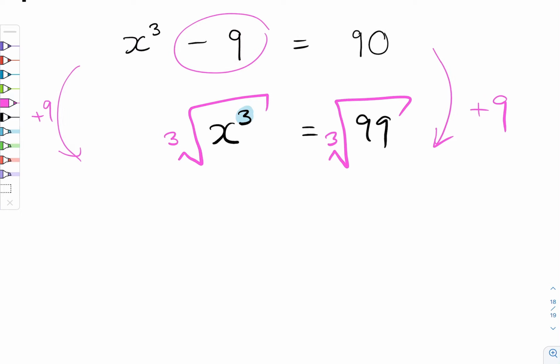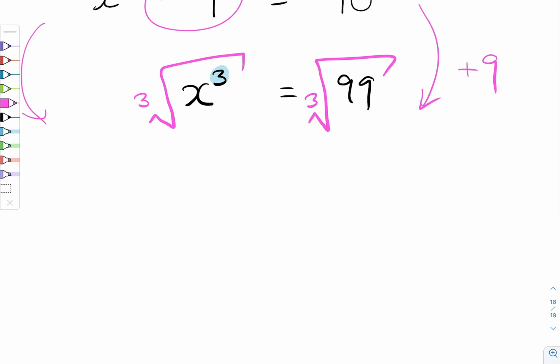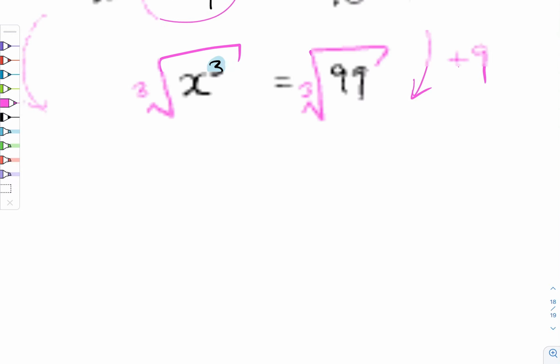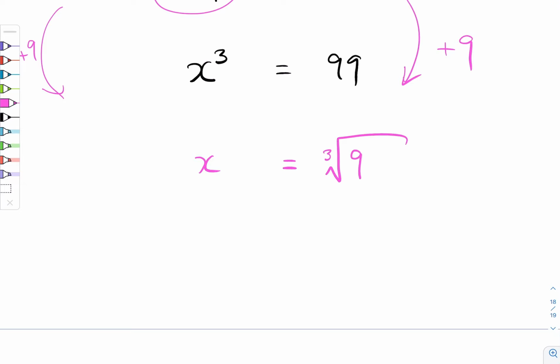That's how you would do it. You would definitely use your calculator for anything like cube roots or even higher. I would never be able to do it in my head. Maybe some of you smart high school students can, but I certainly can't. So this will be an operation that you would use a calculator for, and this will be the cubed root of 99.